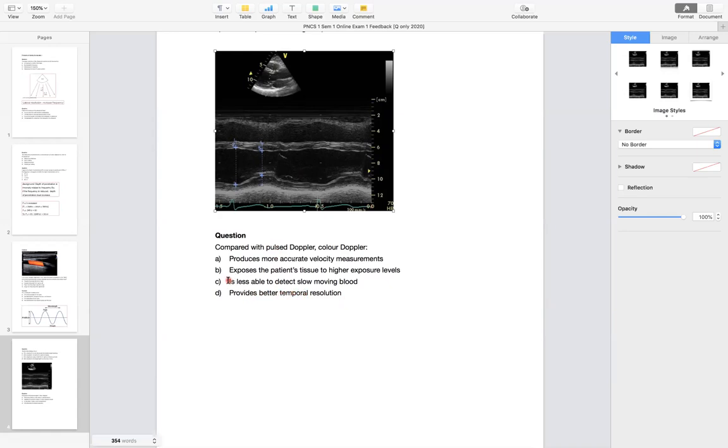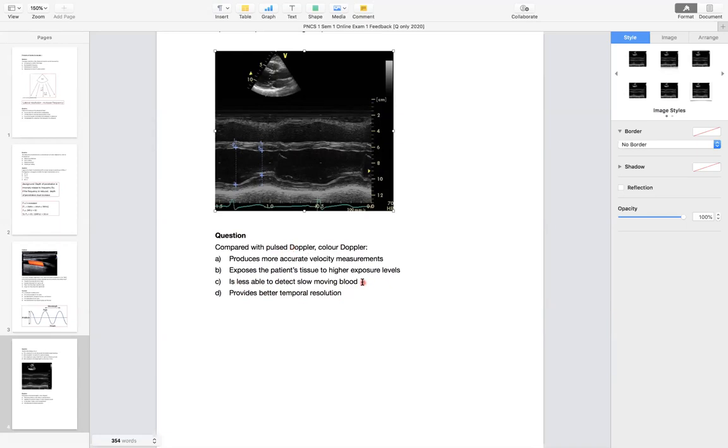Not really, but what pulse wave Doppler does, or rather what color Doppler does better than pulse wave Doppler, is display slow-moving blood.